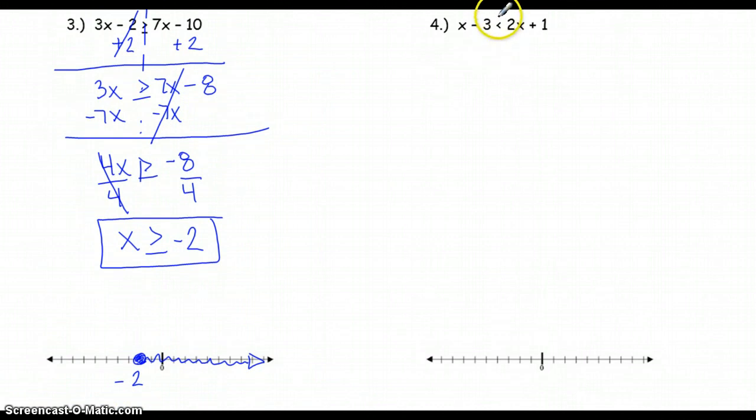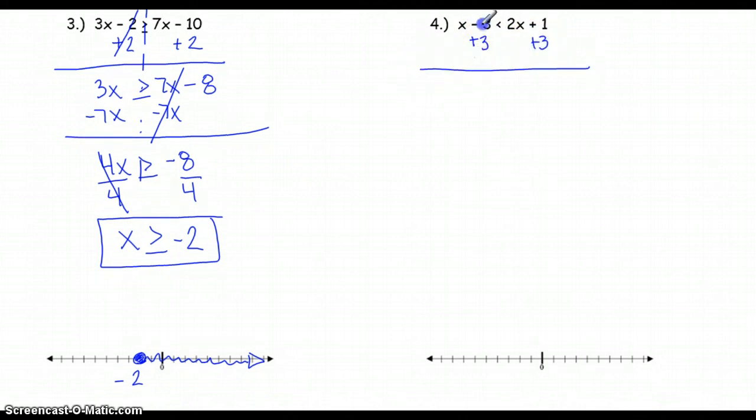All right, let's go ahead and move on to example 4. Again, my problem is split down the middle, and I want to get my variables on the same side. First, I'm going to add 3 to both sides. And when I do that, I get x is less than 2x plus 4. And we're going to get the x to the other side.